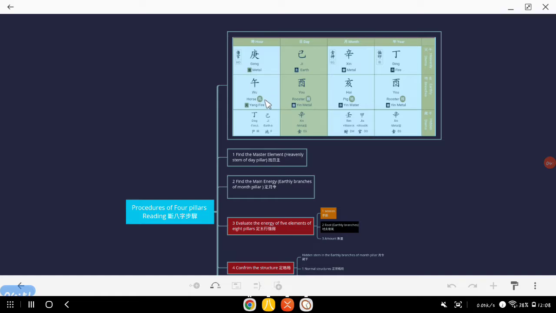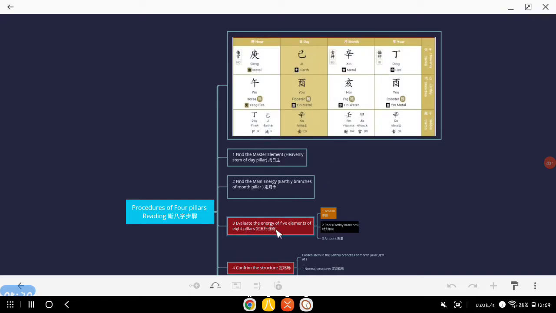But this calculation needs a lot of experience to count the energy of all the pillars. So it takes some time to practice, but here we're just talking about the general idea of why it's important and how to read it.